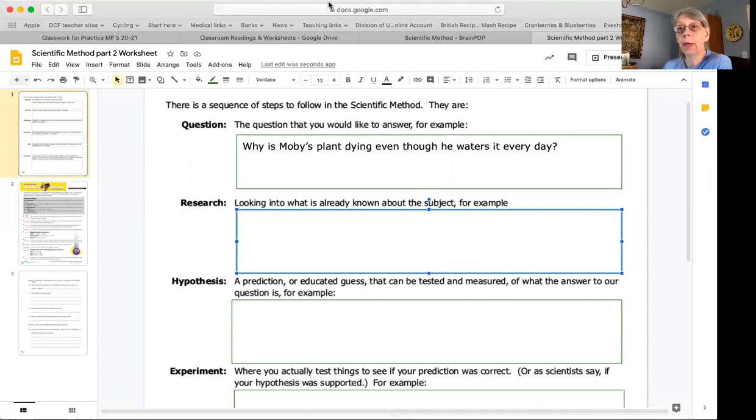Okay, then we will look at the research. All right, research is looking into what's already known about the subject. Okay, what you already know about your own situation. On yesterday's worksheet, these were the observations and the inference, plus other things you might be able to look up or things that you already know from your own experience.